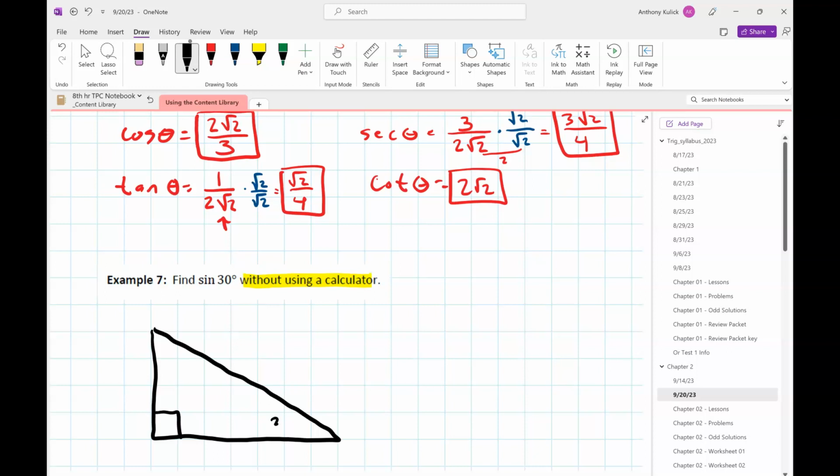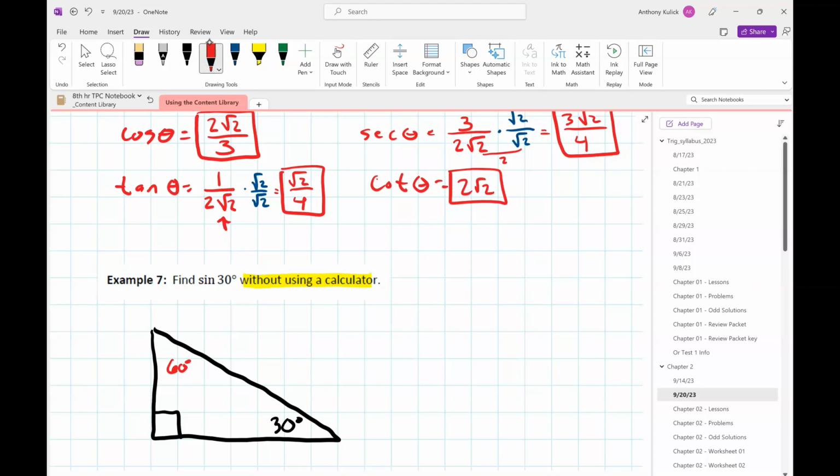So here's my right triangle. Here's 30 degrees. What's the other angle have to be? 60. Oh, 30, 60, 90 triangle. That was a thing, right, from geometry?